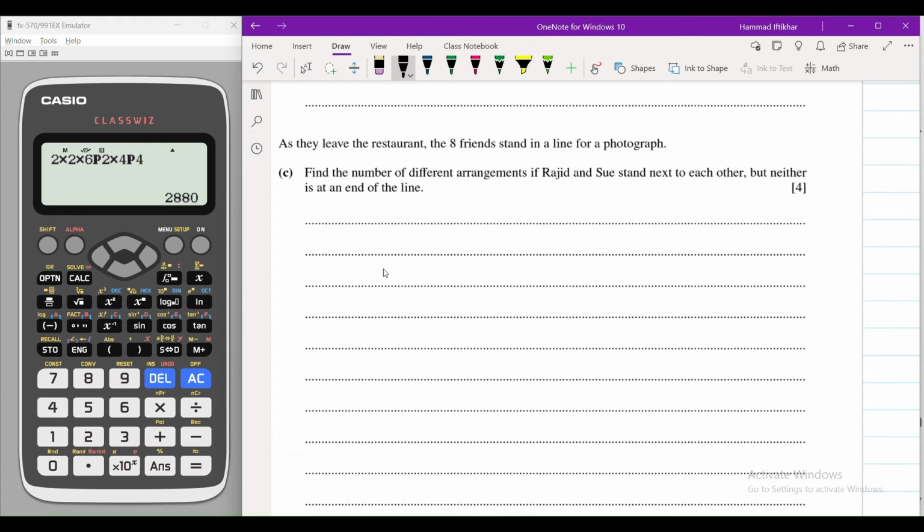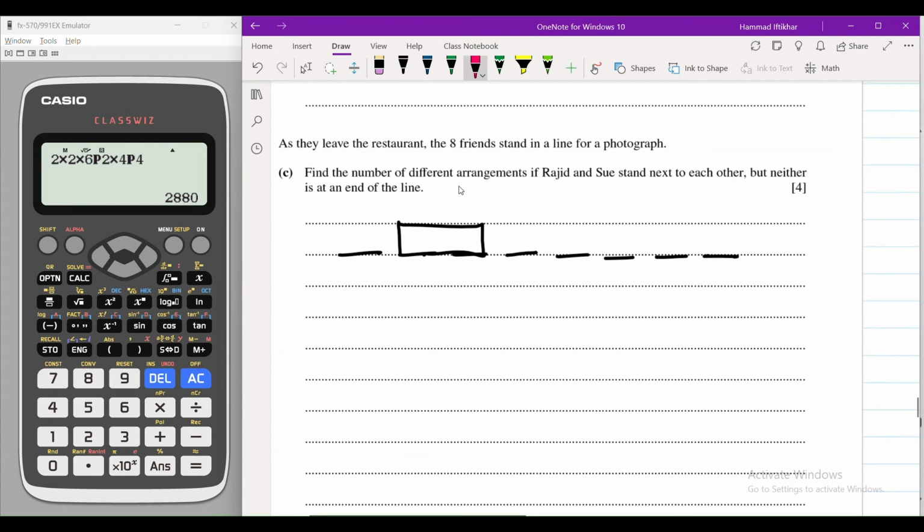So now we make 8 different places, 1 2 3 4 5 6 7 8. Now Rajat and Sue are considered as one unit because they're standing next to each other, so we'll just combine them into one.